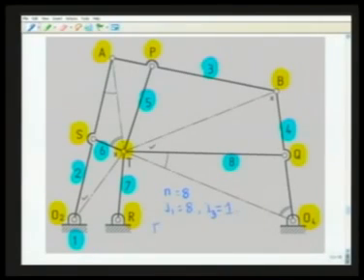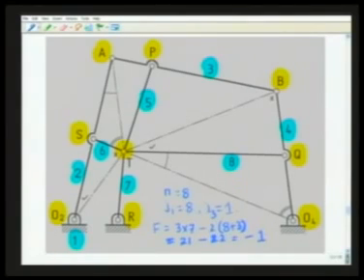So the degree of freedom F is 3 into (n minus 1), that is 7, minus twice J1, which is 8, plus 3 times J3, which is 3 into 1, 3. So you get 21 minus 2 into 11, that is 22, which is minus 1.